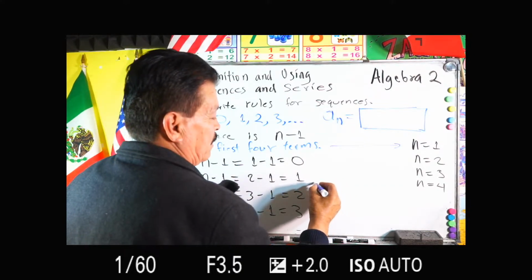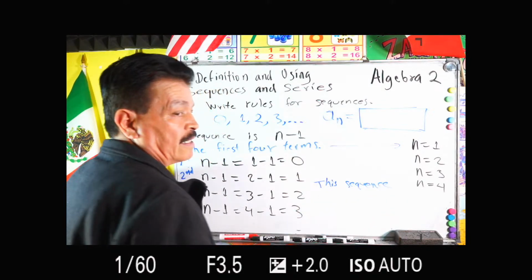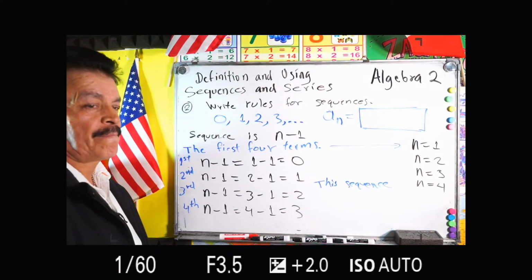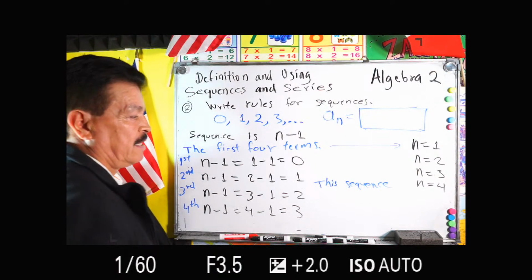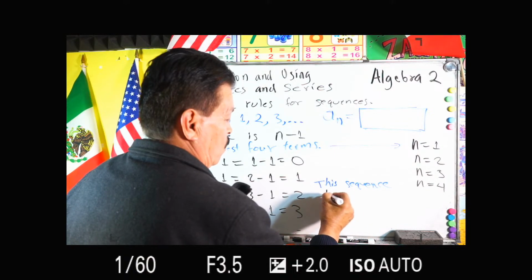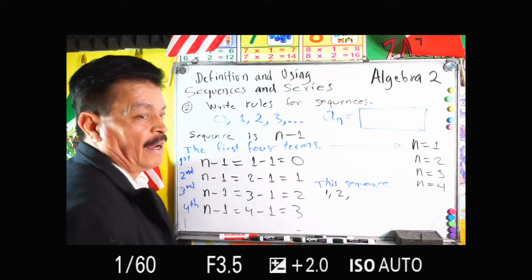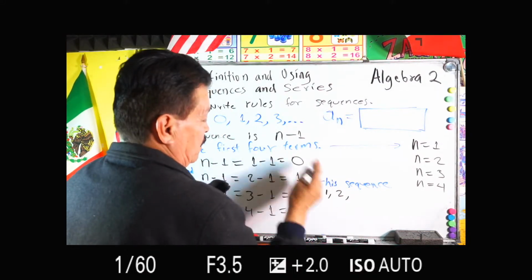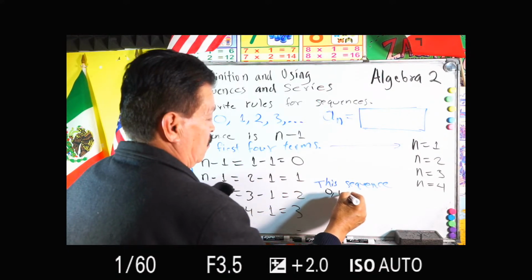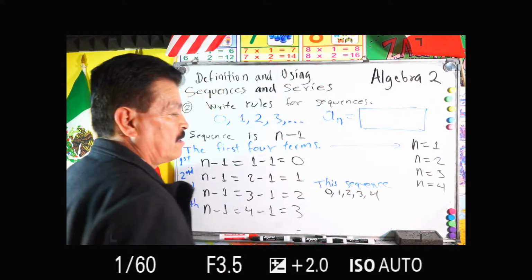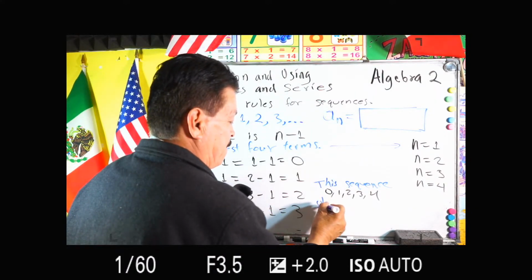This sequence is the numbers 0, 1, 2, 3, and 4. Yeah, started with 0. Describe it by what?